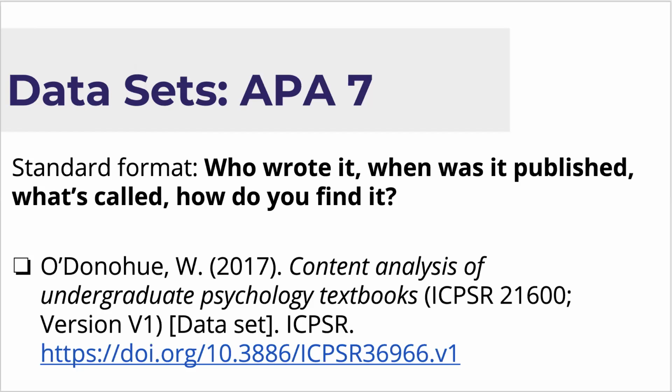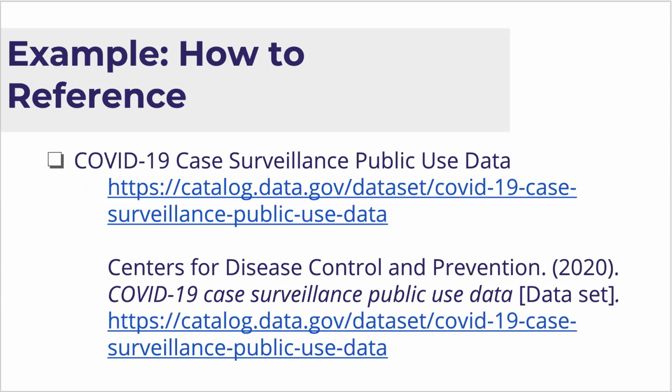There's the ICPSR 21600 version V1 coding. Okay, so that's identifying the specific version of that, or the report number. There's a note in square brackets saying data set, and then ICPSR is the publisher here. All right, so this is an example of a data set reference.